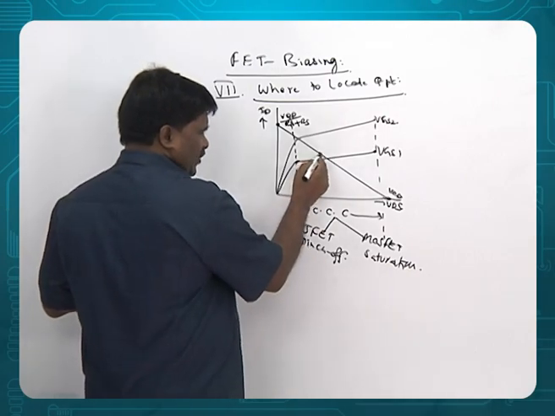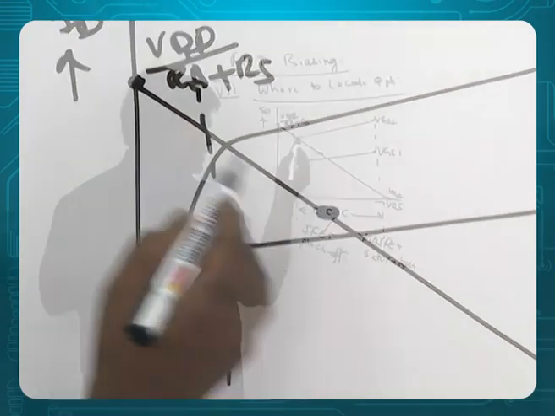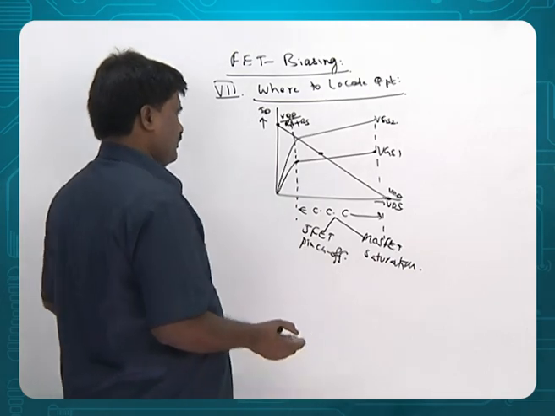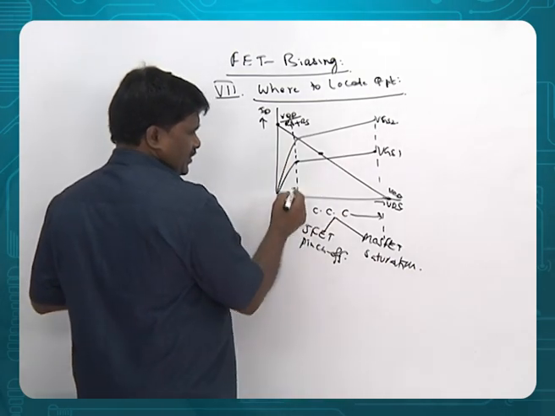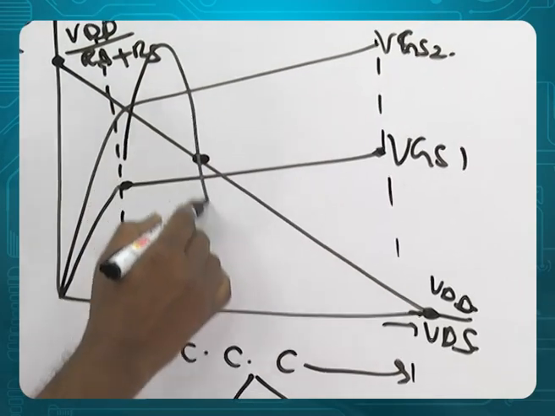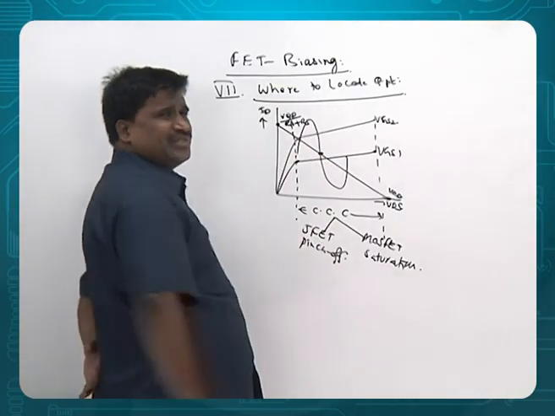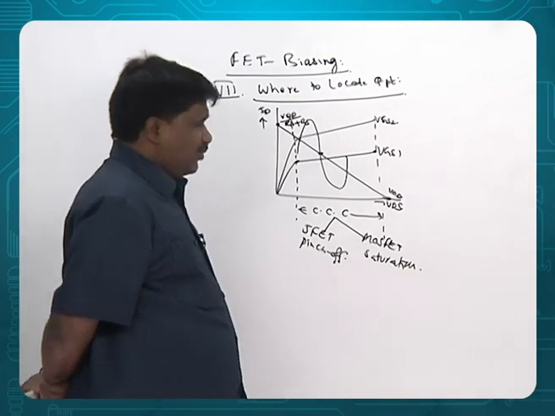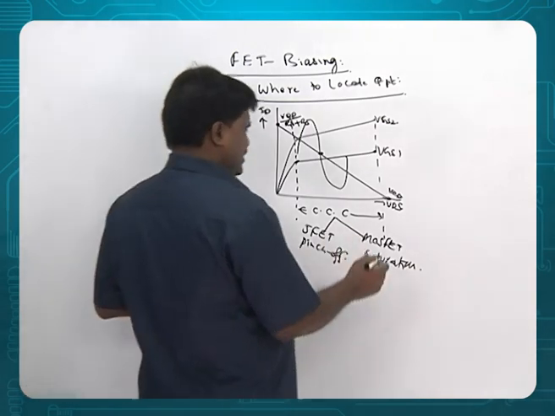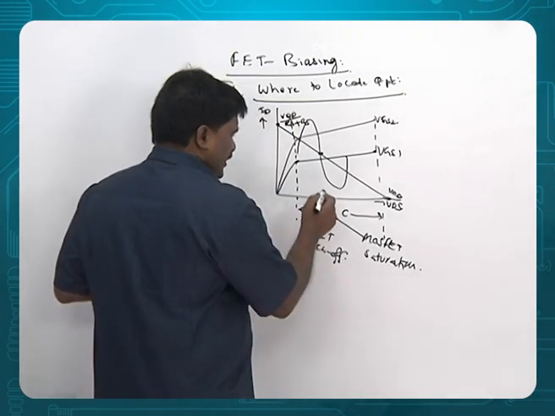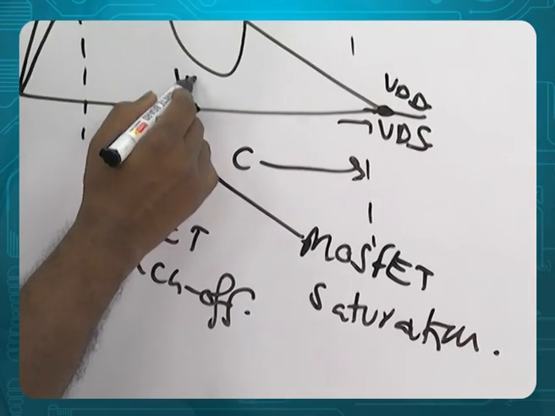Now generally, what is the best location to choose? Center is the best one. You take the center of the DC load line so that you can get a maximum signal. We call it signal handling capacity, how much it can handle. Now I'll just tell you the ways. So roughly this is VDD by 2.